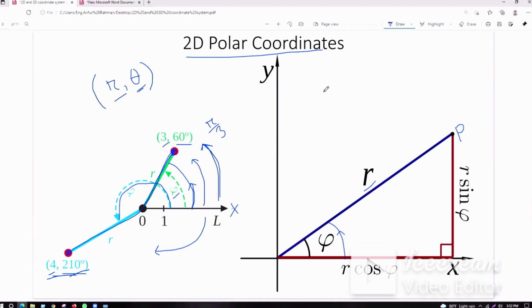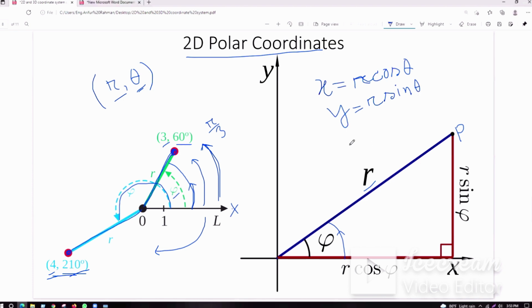Okay. Now it's urgent to show some relations between Cartesian coordinates and polar coordinates. We have the relations: x, the abscissa, is equal to r cos theta, and y, the ordinate, is equal to r sin theta.